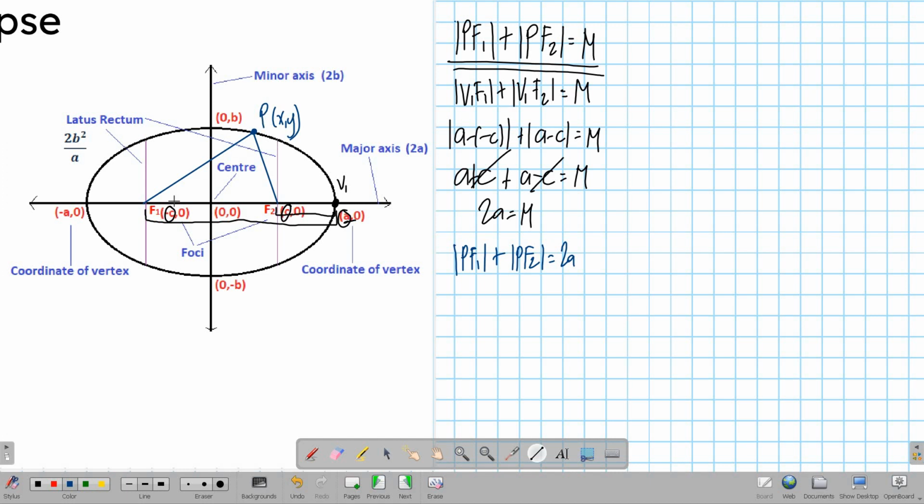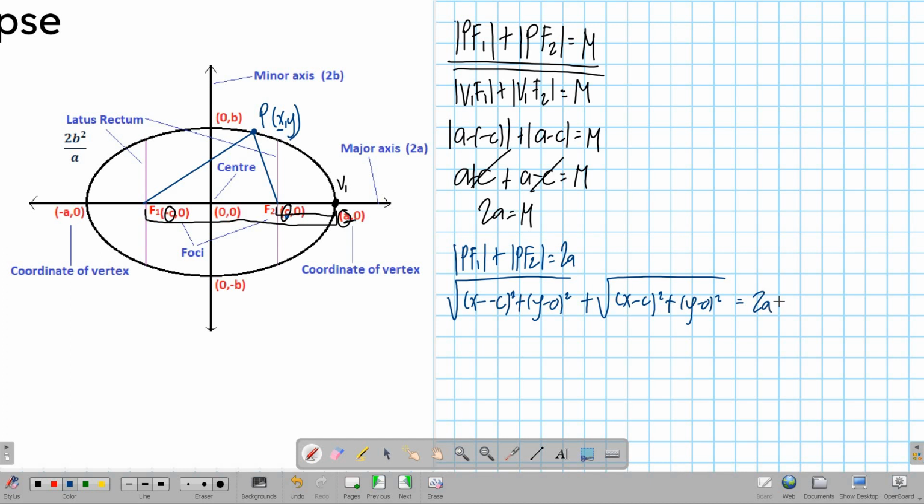The distance between P and F sub 1 is not horizontal, nor vertical, so we use the distance formula. So I'm going to have the difference of the abscissas, that's x minus negative c, squared, plus the difference of the ordinates, y minus 0, squared, plus the distance from P to F sub 2: the difference of the abscissas, x minus c, squared, plus y minus 0, squared, is equal to 2a.